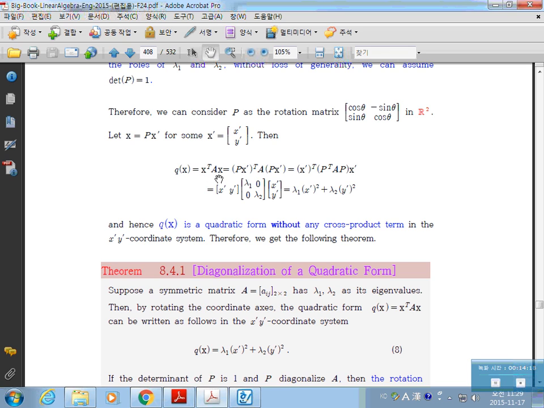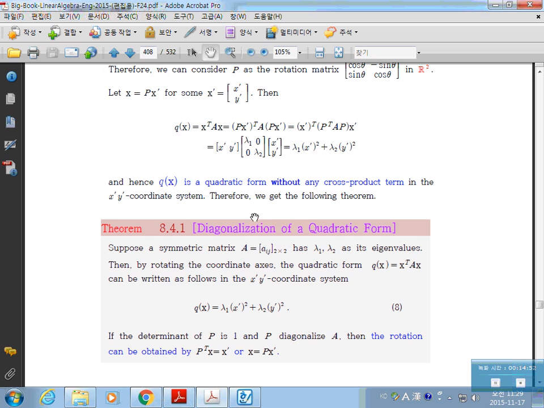With this X prime, X, which is PX prime, can be replaced in this way. P transpose AP is a diagonal matrix whose diagonal entries are the eigenvalues, so that can be simplified in this way. Hence, Q of X is a quadratic form without any cross product term in the new X prime, Y prime coordinate system.